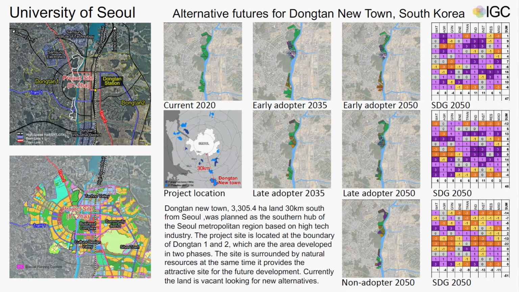The city has been developed in two phases. This is the part called Dongtan 1, and this is the city called Dongtan 2, quite a simple name. This part was completed in 2011, and this is under construction now, targeting 2021. And our site is located in between these two cities.